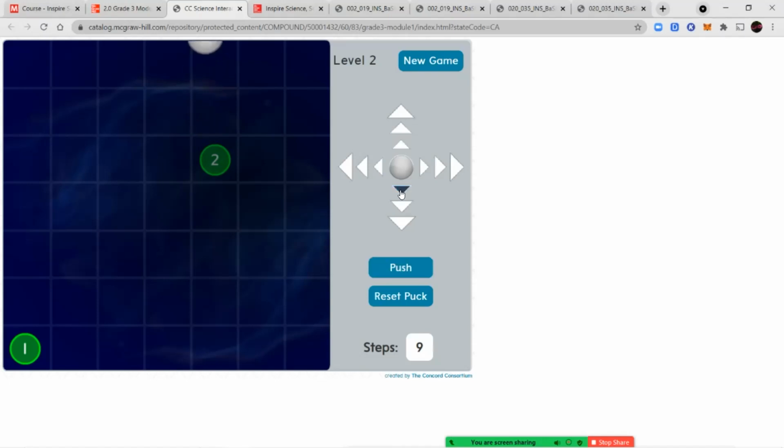Almost, not quite. So we'll see if we can get it to stop on number 2 in as few moves as possible. So this one, because it wasn't quite where we needed it to go, it wasn't able to stop on the right spot.